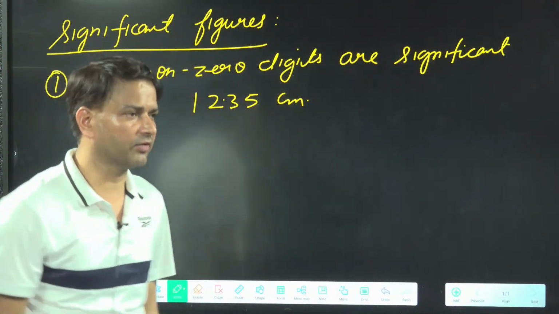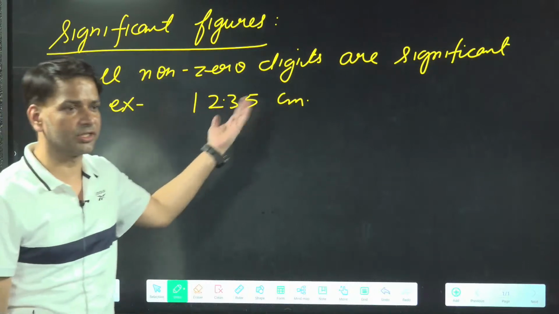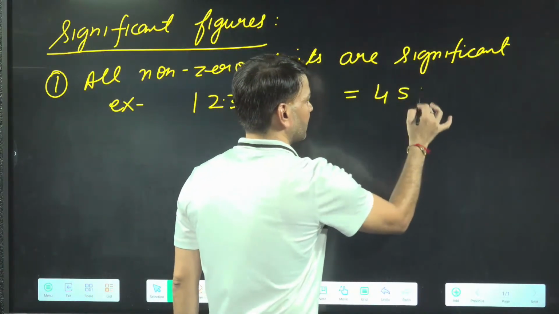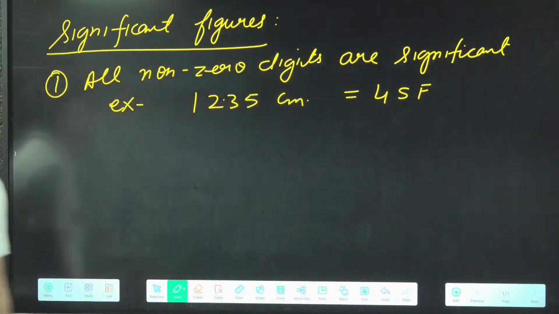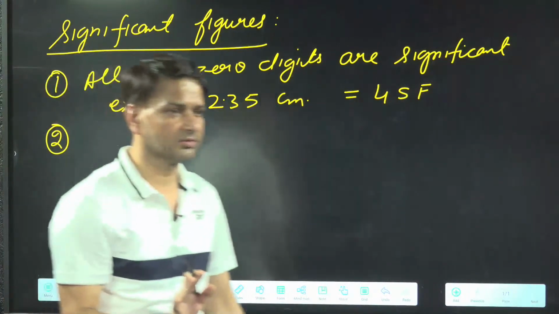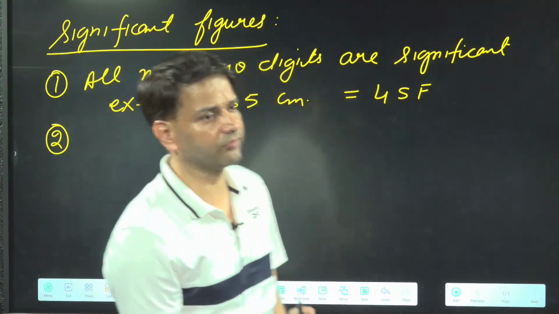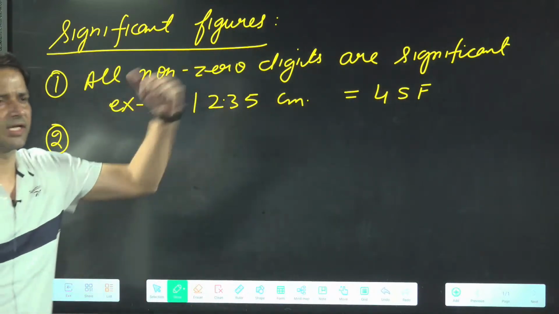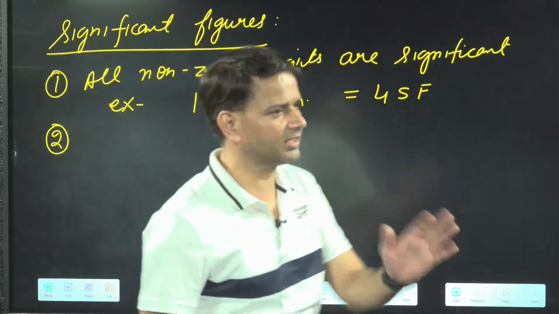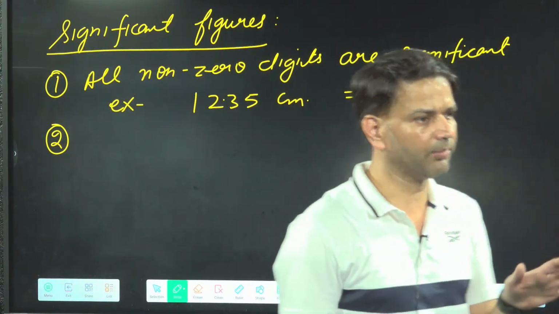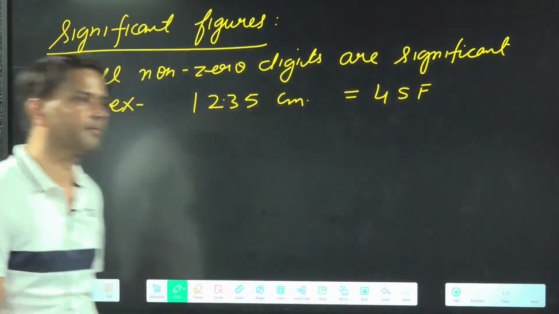How many significant figures does it have? All are non-zero digits, so directly we can say it has 4 significant figures. I think no confusion in this. All non-zero digits we take as significant. We will not find how many certain digits or uncertain digits there are; that was a definition only. There we have to follow the rule to get the number of significant figures.